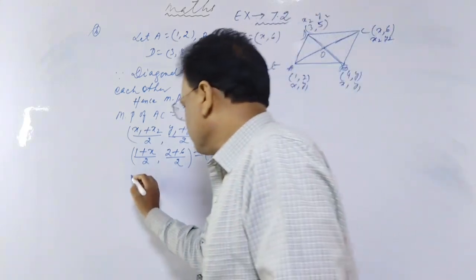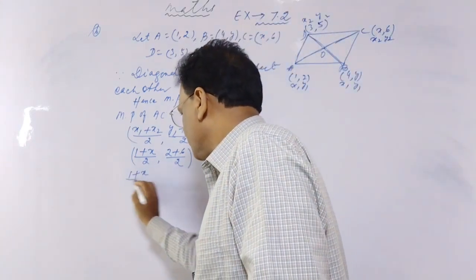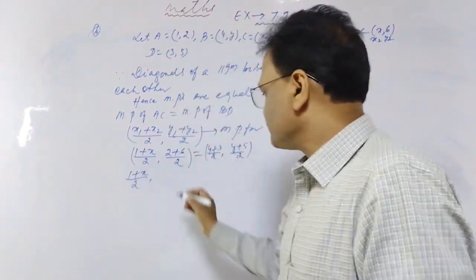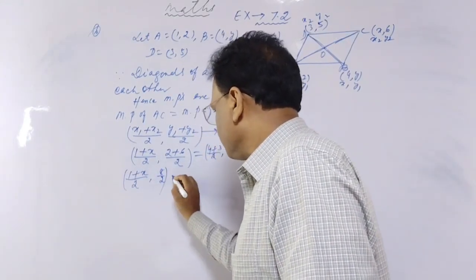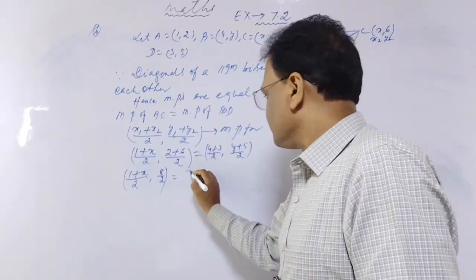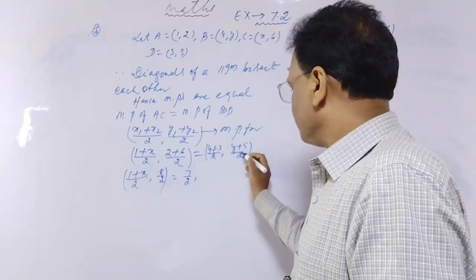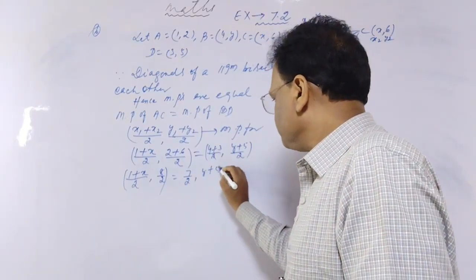Further if I simplify, this becomes (1 plus x) by 2, 8 by 2 on this side. Now 4 plus 3 is 7 by 2, and (y plus 5) by 2.